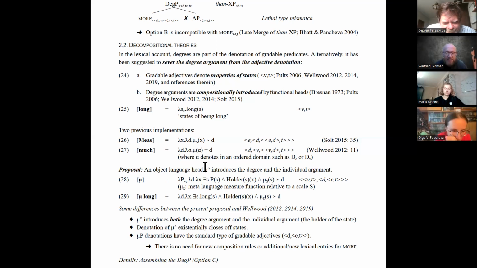The mu head is a head that introduces, on the one hand, the degree argument. So it's like little v. And on the other hand, it's specifying the relation that the individual argument has with the state that is described by the basic denotation of the adjective.